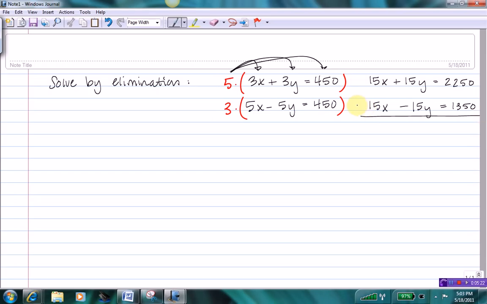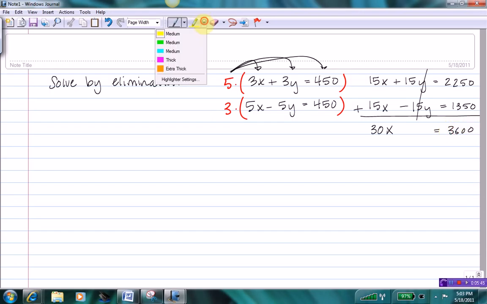Now, when I add down, this is kind of where the magic happens here. 15x plus 15x yields 30x, and 15y minus 15y is 0. So the y terms actually cancel out, and 2,250 plus 1,350 is 3,600.